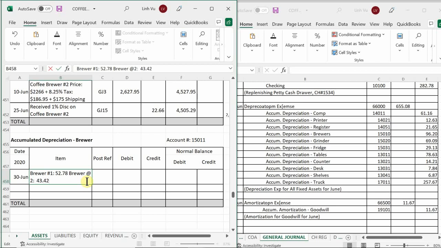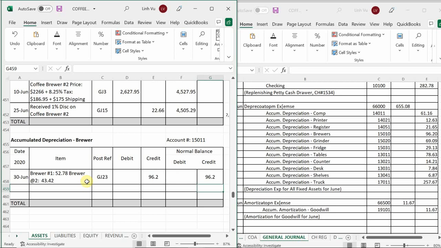Okay, which gave me a total of $96.20 credit.